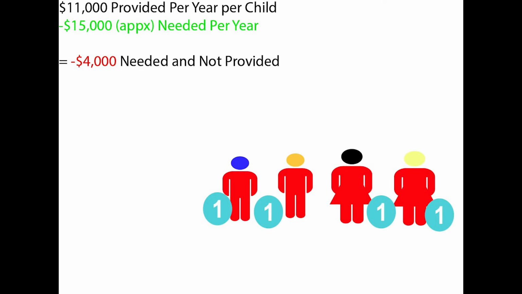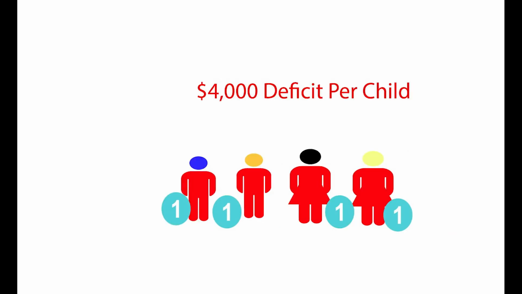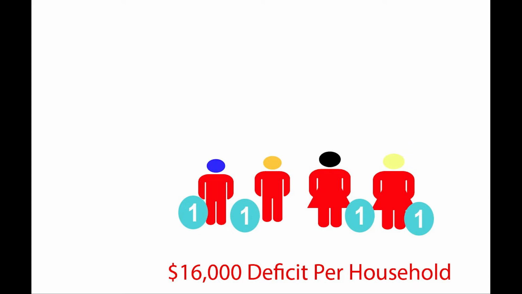The $4,000 amount is the deficit in this example. Let's multiply this deficit by 4 children in the household, which equals $16,000 each year of a deficit. What we are observing is a failure at meeting the average amount that is necessary to raise a child from infancy until they graduate high school.